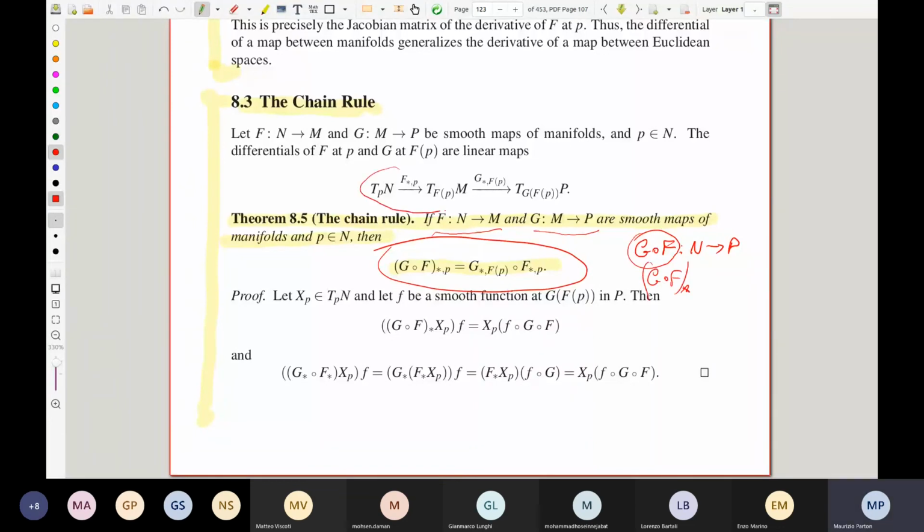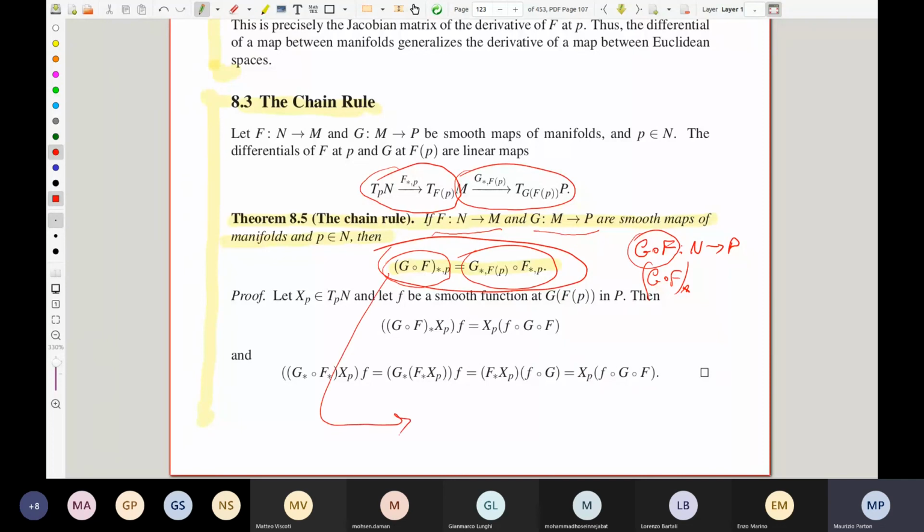One differential is going this way, the other differential is going this way. It's very natural to ask whether this is just the composition of the two differentials, and it actually is.